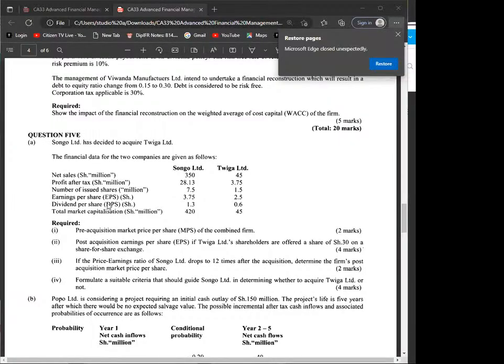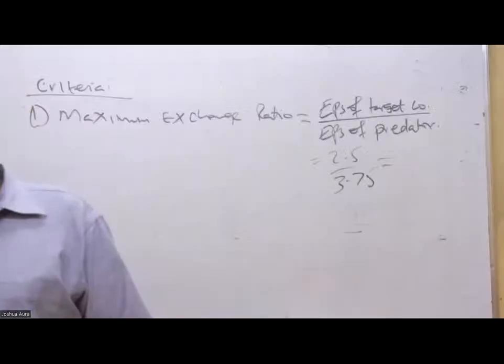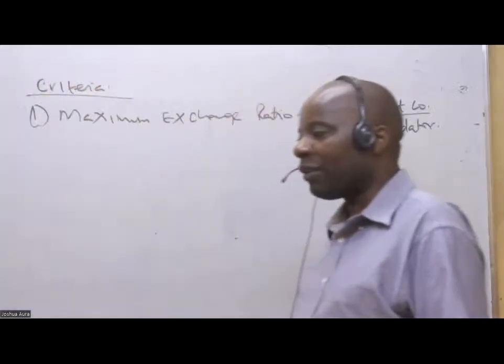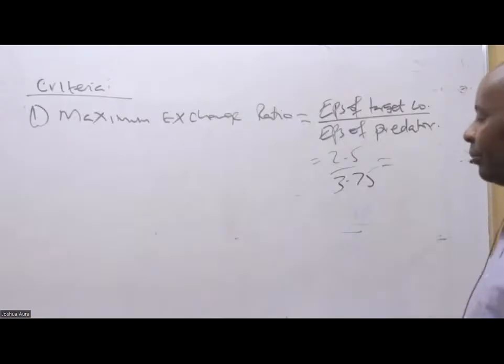Target company is Twiga. So you talk of 2.5 over 3.75, right? 2.5 over 3.75. In form of a fraction, what do we have here, somebody? Using your calculator.